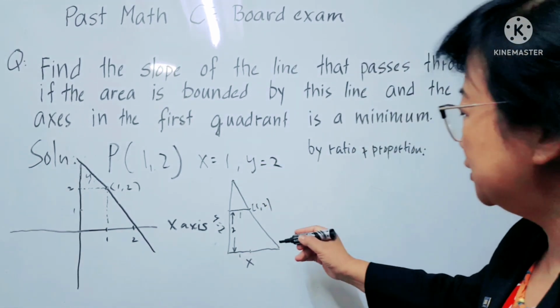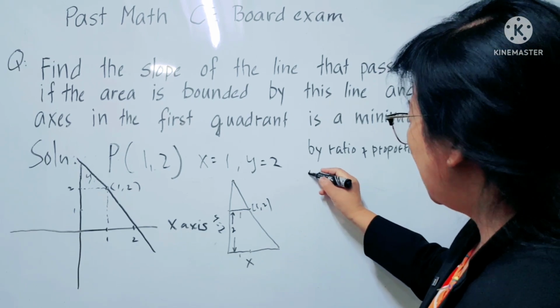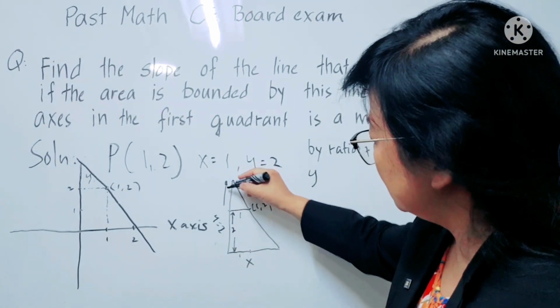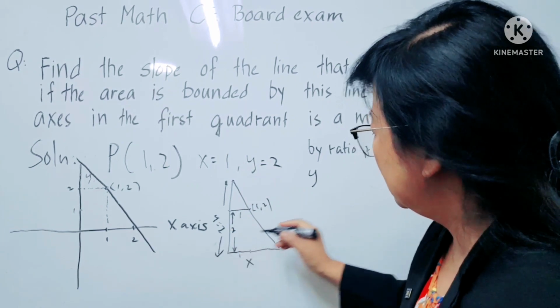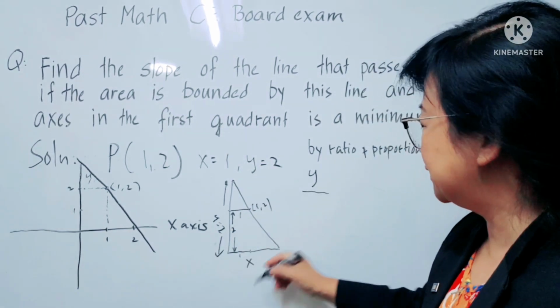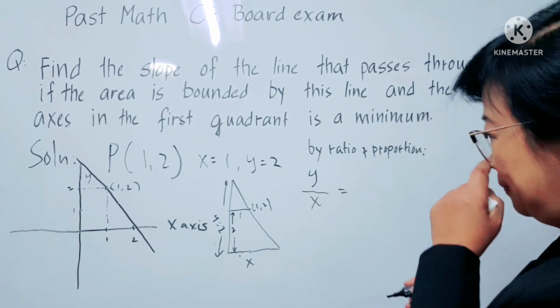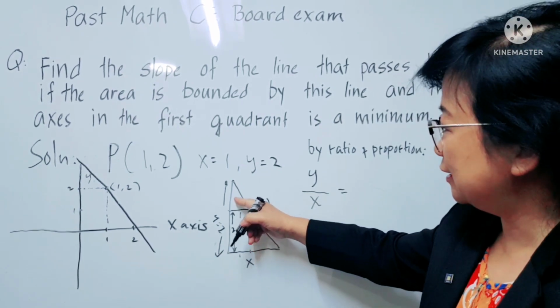So by ratio and proportion, y, which is the total, over x is equal to, what is this one here?